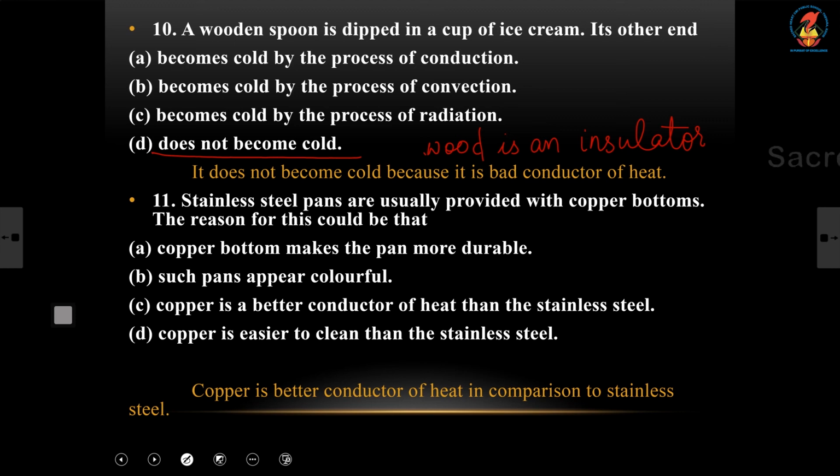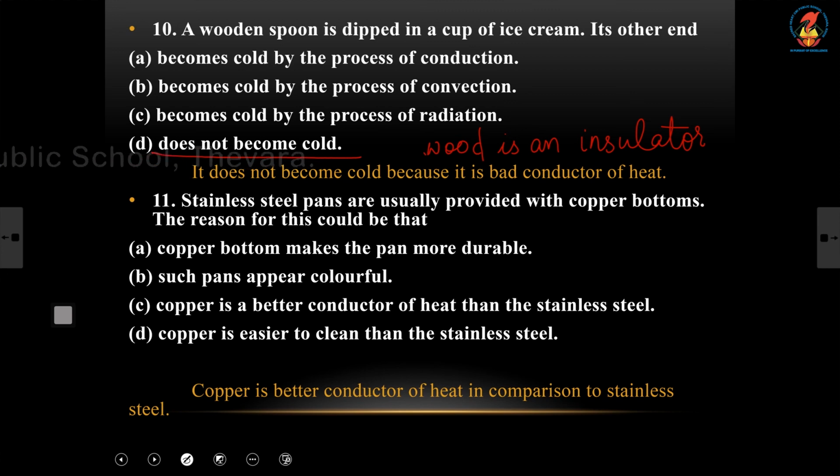Then, the stainless steel pans are usually provided with copper bottoms. The reason is that copper is a better conductor of heat than stainless steel.